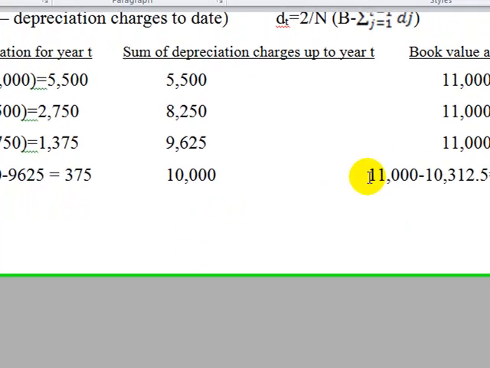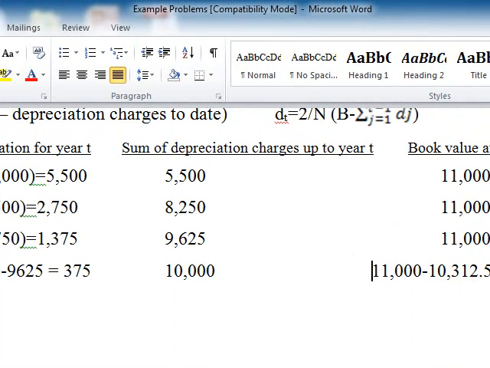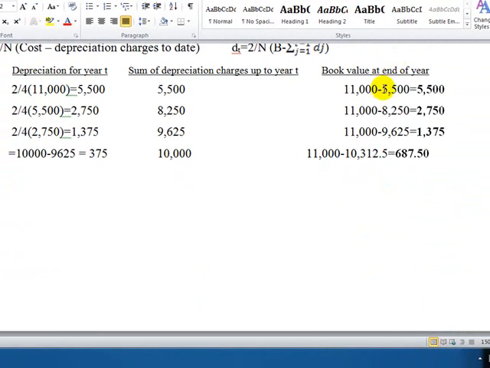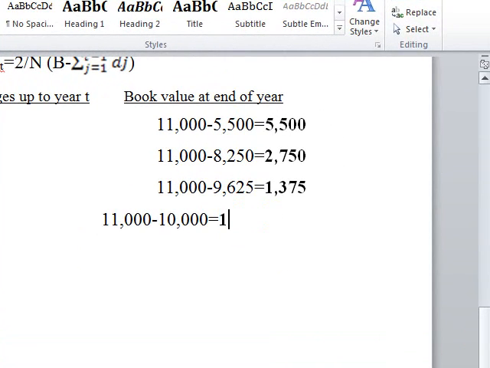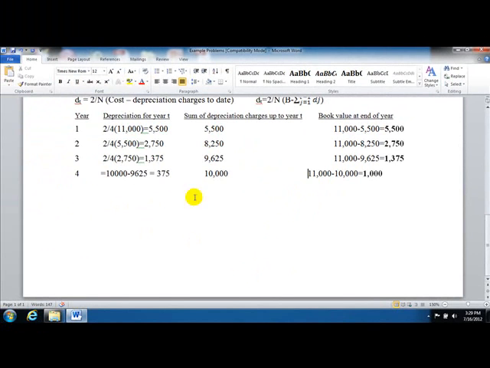And finally, if we subtract the total depreciation for the 4 years, which is 10,000, from 11,000, we get the book value of 1,000, which is the same as the salvage value of the equipment or the asset. So we need that fixed for the fourth row. That's basically your answer.